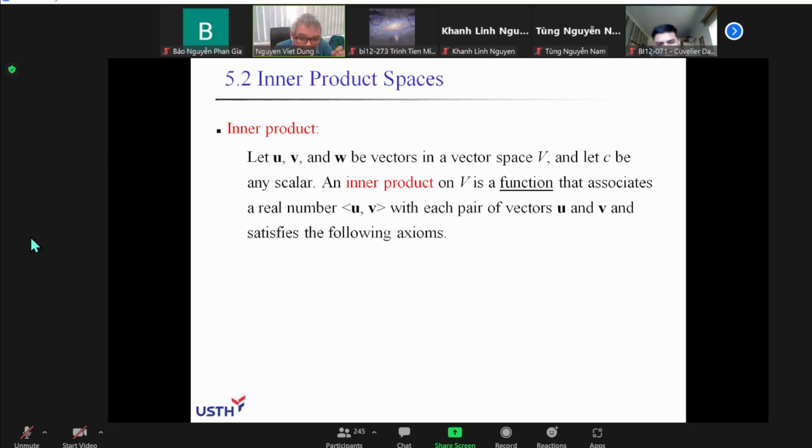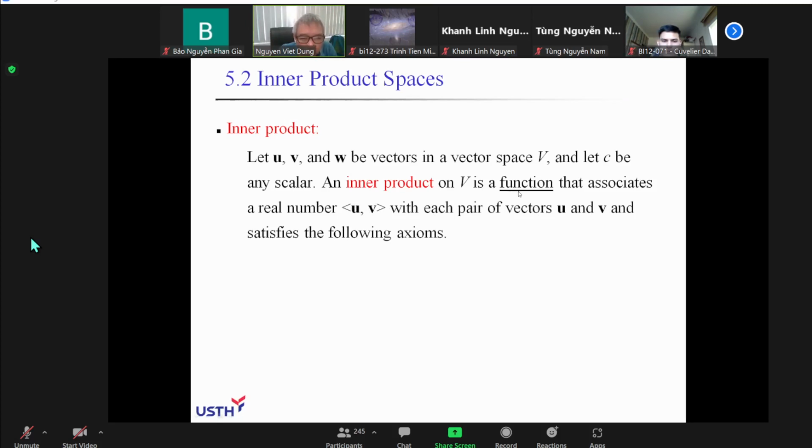Then an inner product on V is a function that sends a pair of vectors u and v to a number denoted by u, v between sharp brackets like that.